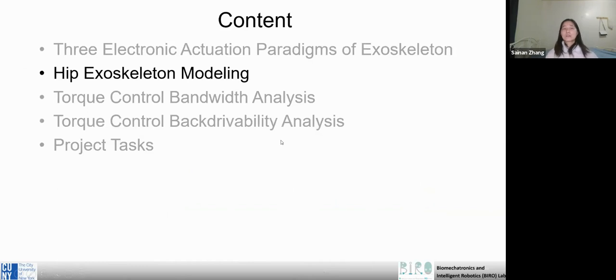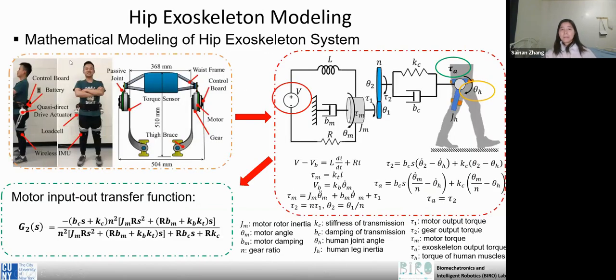After talking about the 3 electronic actuation paradigms of exoskeleton, we talk about the hip exoskeleton modeling. It's similar to the last lecture, DC motor modeling. I believe you remember the modeling steps.